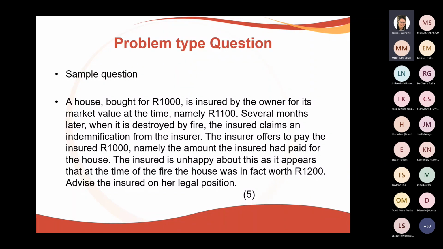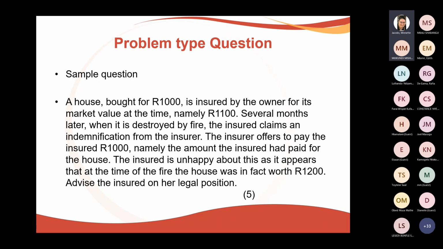The insurer offers then to pay only 1,000 rand, namely the amount that the insured had paid for the house. The insured is unhappy about it, because the house was worth 1,200 rand at the time of the fire. Advise the insured.